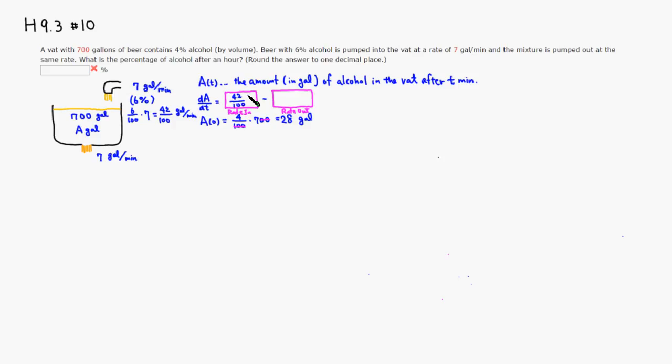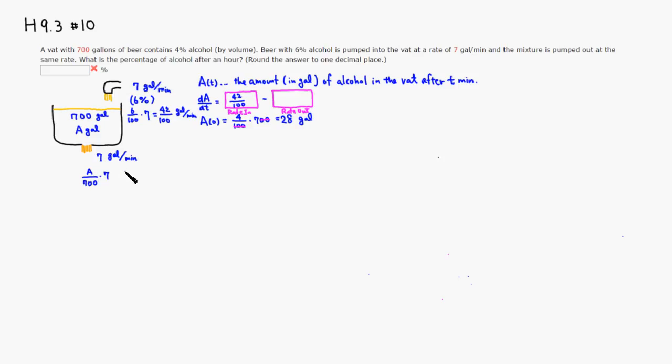Rate out is a little bit tricky. The concentration of alcohol at time t is A gallons of alcohol among 700 gallons of beer, so A over 700 is the concentration, and it's poured out at the rate of 7 gallons per minute, so times 7.